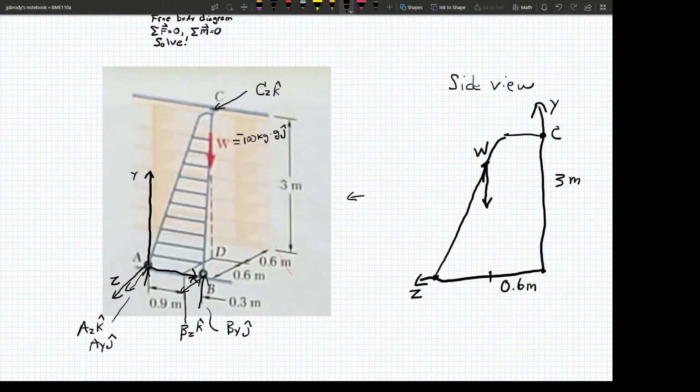So 0.6 meters from the origin to where W comes down, and then another 0.6 meters from where W comes down to the places where A and B are, where those wheels are. Okay, so that's the side view. We've got the force diagram here. And next, we just need to start writing down equations.